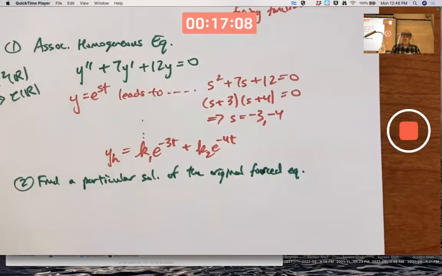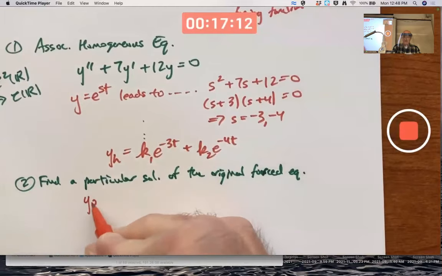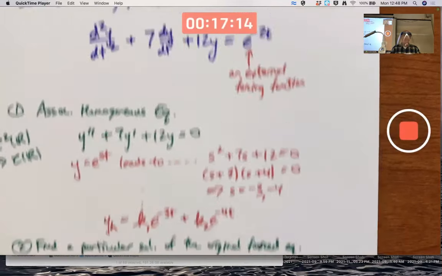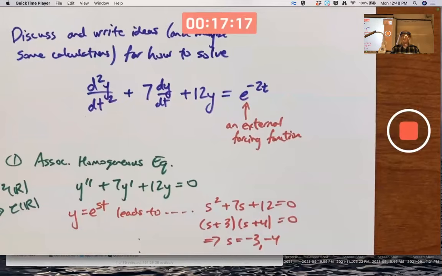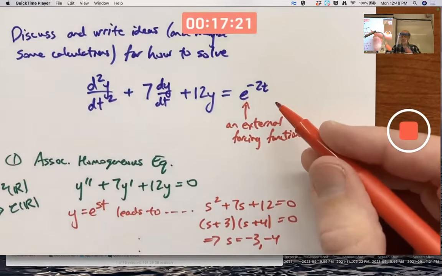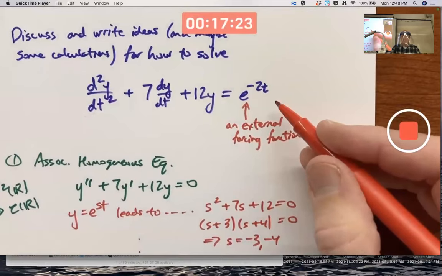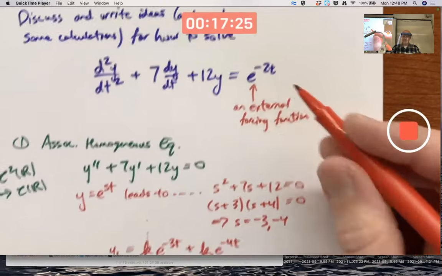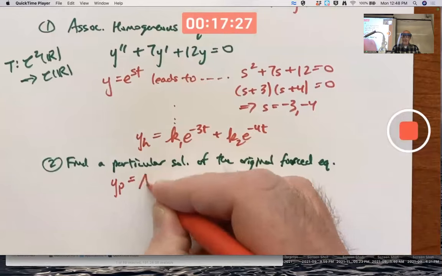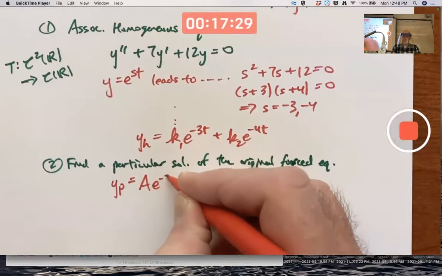Call it y_P. And what should y_P be? What did you guess? Anybody who did guess? Go ahead, Greg. Something like some constant times e to the negative 2t. Yeah, some constant, maybe call it capital A times e to the negative 2t.